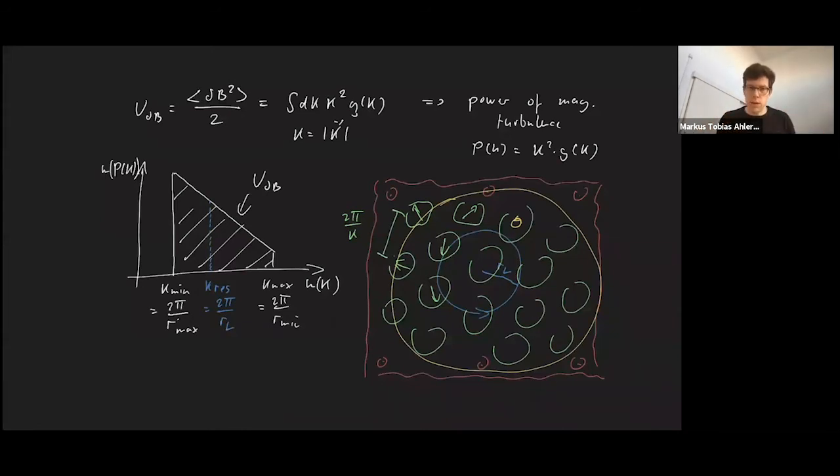This is the picture that you should have in mind. You can go through the calculation and you will find that your integral can be approximated by a delta function that singles out the corresponding resonant modes in the power spectrum. But this is a qualitative understanding of how this happens in terms of physics.